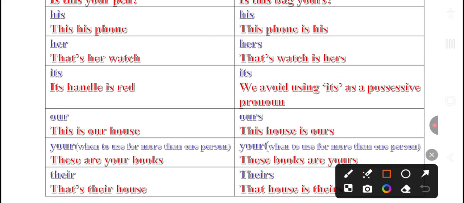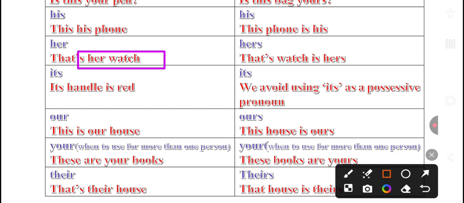Now, her watch. Here, the word her has been used, and after her, we have used the word watch.